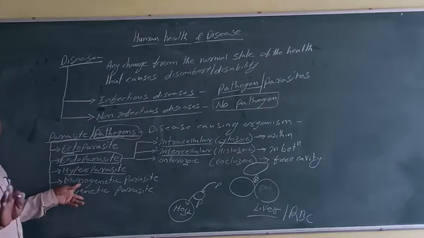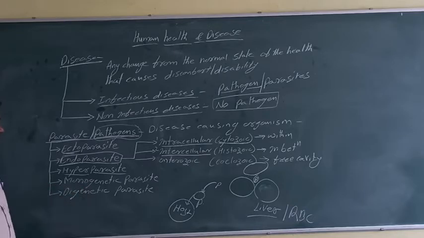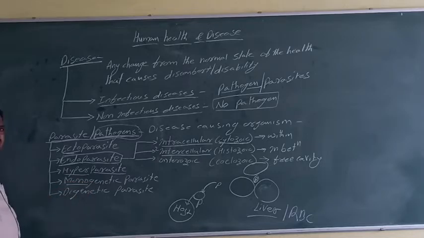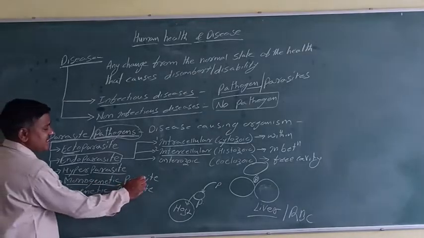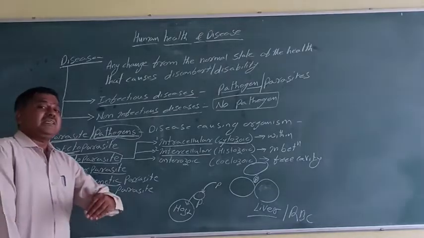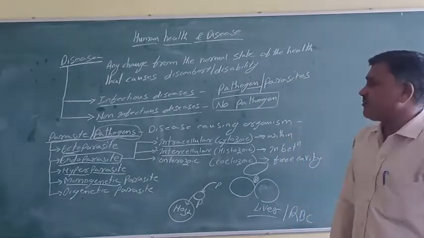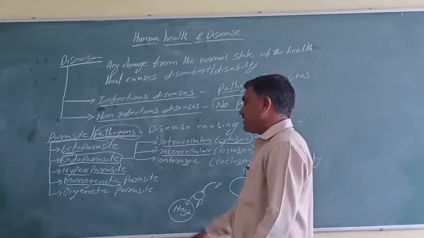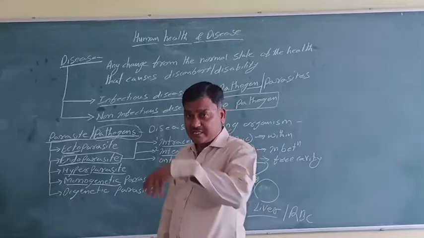Now the differentiation of these two parasites totally depends upon the requirement of host cells. Mono means single, genetic means living organism, parasite. That means, to complete the life cycle of the parasite, how many hosts are required? Depending on that, there is a classification: monogenetic parasite and digenetic parasite.